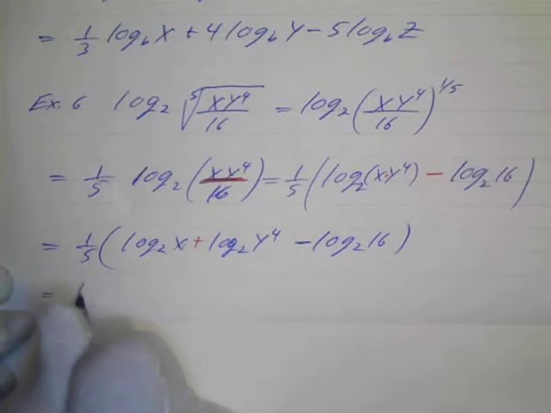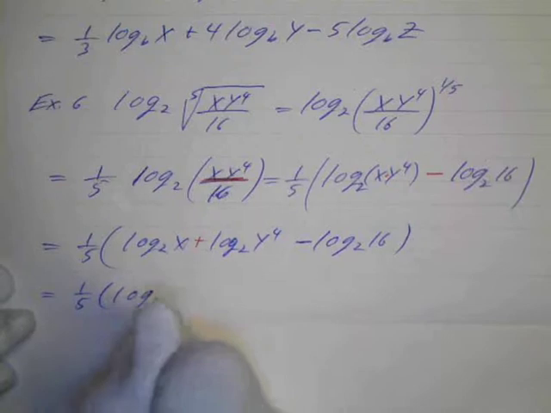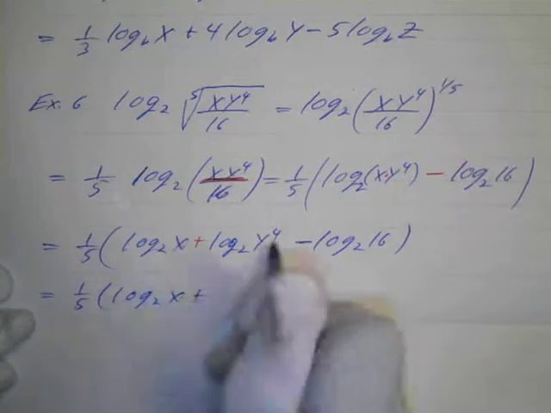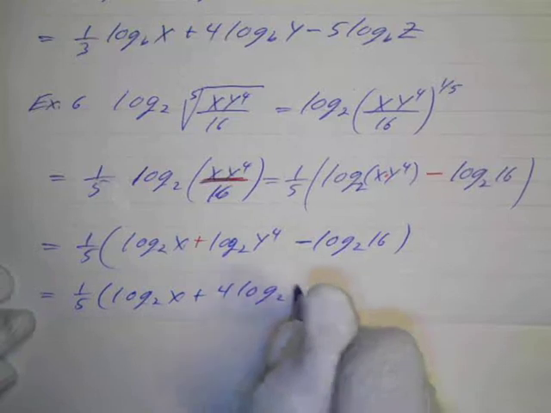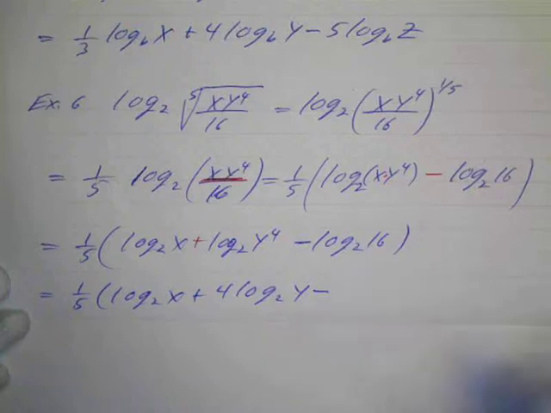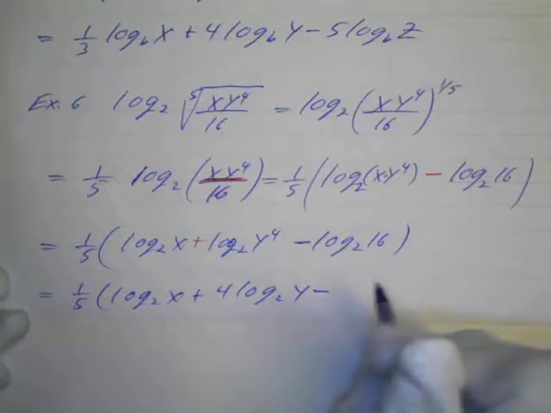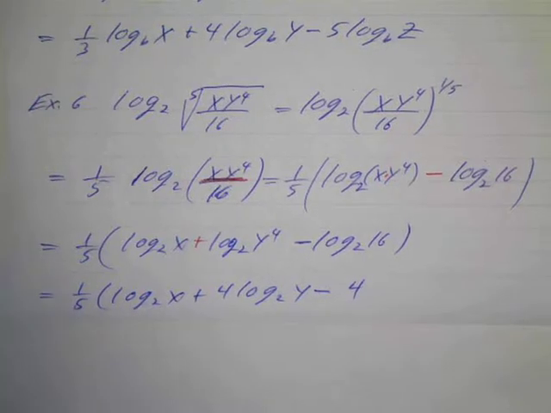So that's going to equal 1/5, parentheses, log to the base 2 of x, plus, and I can put this 4 in front, 4 log to the base 2 of y, minus, and then 2 raised to what power is 16? When I raise 2 to it, I get 16. 2 times 2 is 4, times 2 is 8, times 2 is 16, so it would be 2 to the 4th. So this would be 4. 2 raised to the 4th is 16.